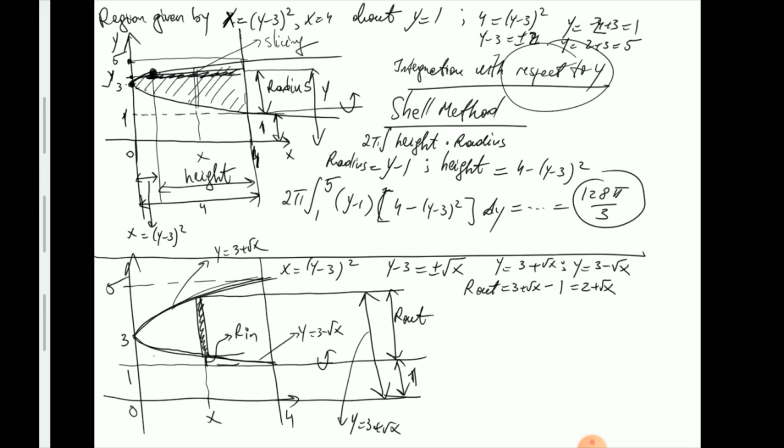And again, that's going to be the difference between the y coordinate of the point on the graph, which is 3 minus root x, and the distance from the axis of rotation to the x-axis, which is 1. So R in is 3 minus root x minus 1, which is of course 2 minus root x.